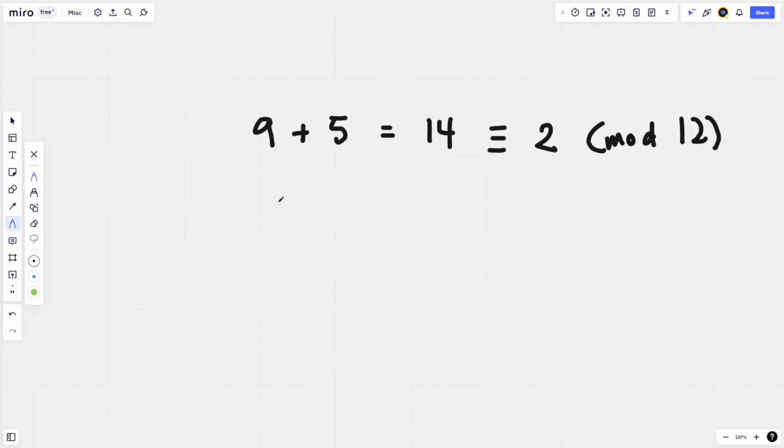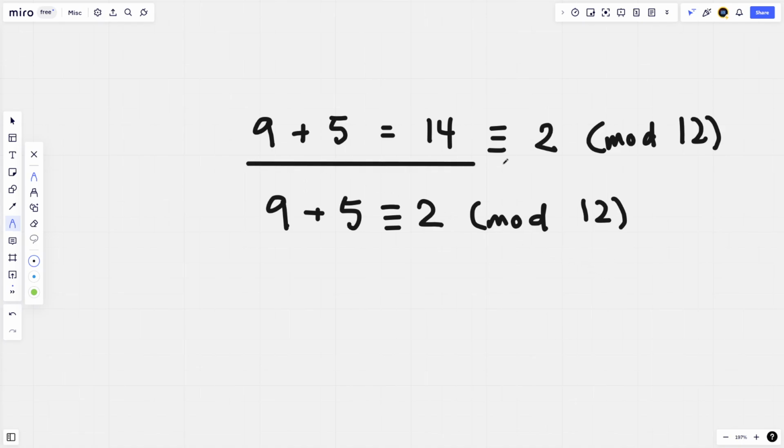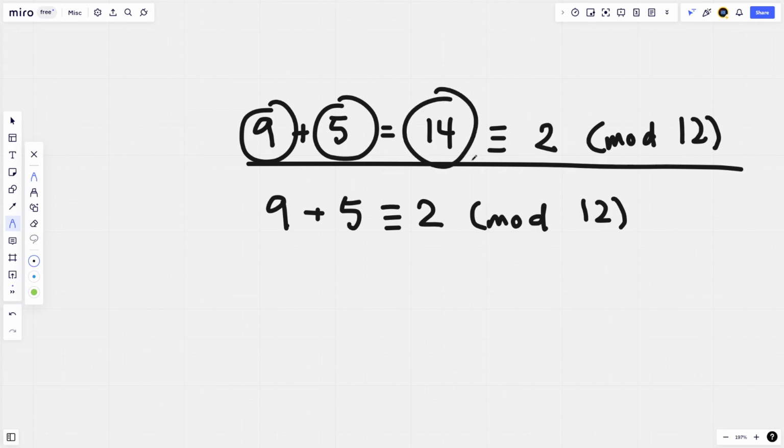And so we can just say that 9 plus 5 is equivalent to 2 mod 12. So you may think of this as if we take the number 9 and add it to the number 5, we get the number 14, which is equivalent to 2 under mod 12.